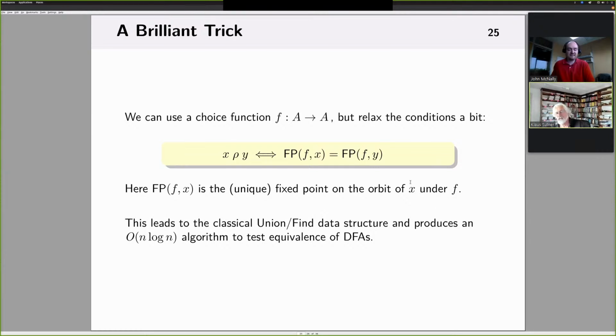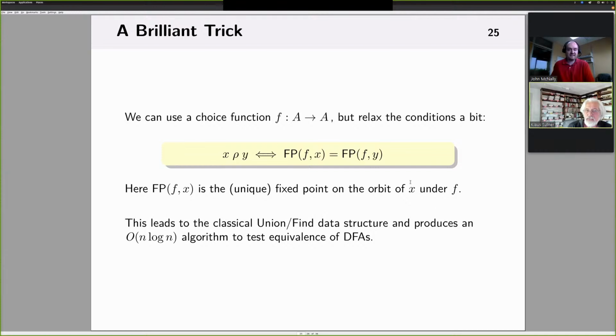But now you could back off a little bit and say that instead of insisting that f has the same value on x as on y, think about following the orbit of x under f. You compute f of x, then f of f of x, then f of f of f of x. You apply f over and over again. And if you set things up the right way, after a number of steps, you'll reach a fixed point. This doesn't work for all functions, but for the ones that we're dealing with here, that works fine.